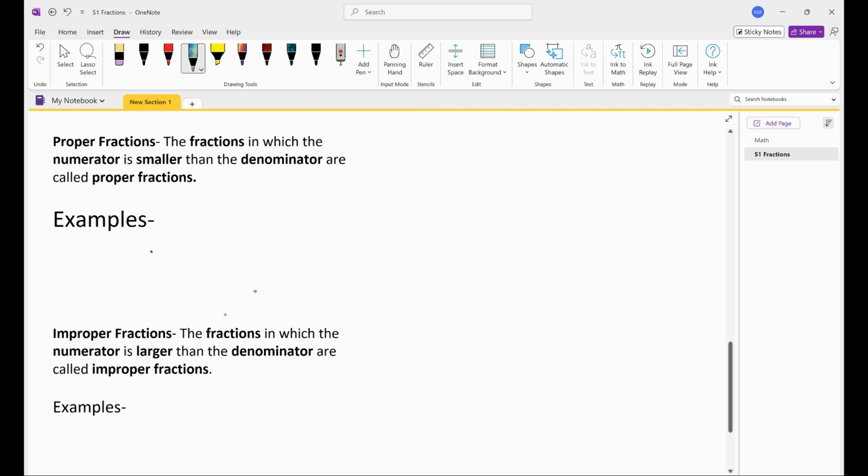Now we will move ahead to proper fractions. The fractions in which numerator is smaller than the denominator are called proper fractions. Examples: 3 upon 5, 7 upon 9, 8 upon 10.